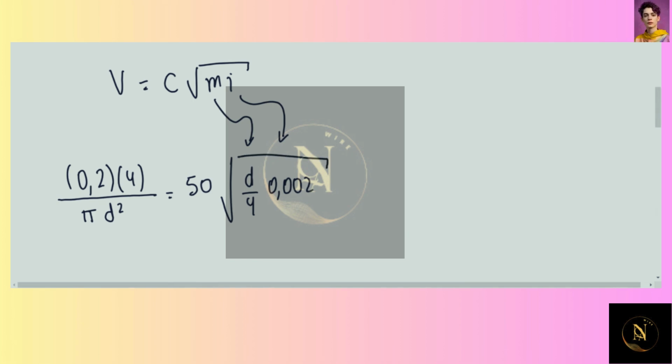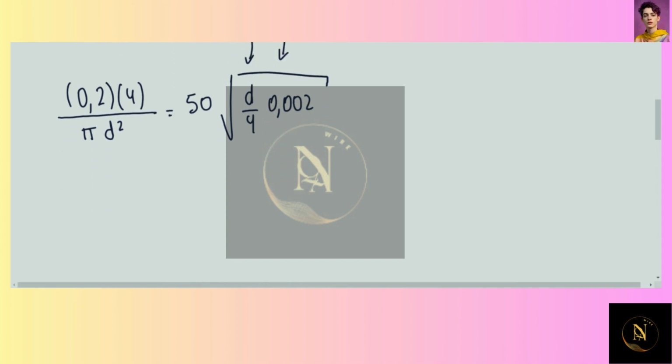Now what we need to do is to start solving for the diameter. So we can elevate both sides to the square, and then we will obtain that the diameter to the fifth is equal to a value of 0.0518.